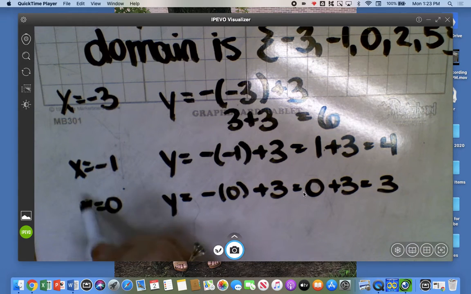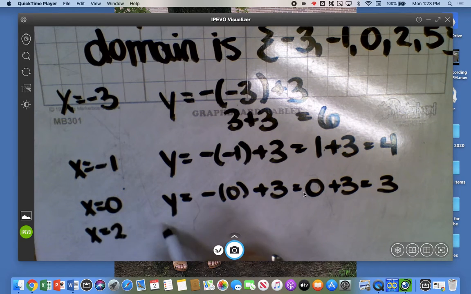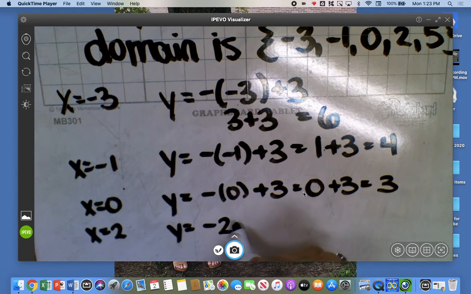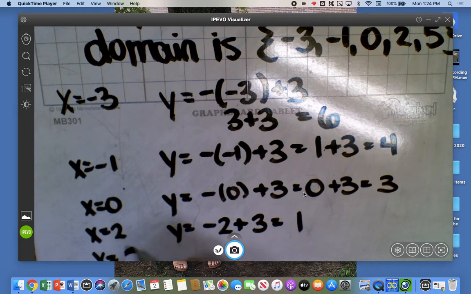Then we have x is 2. Excuse me, -2 plus 3 would be 1. And then our last one, x is 5, y equals -5 plus 3, which is -2.